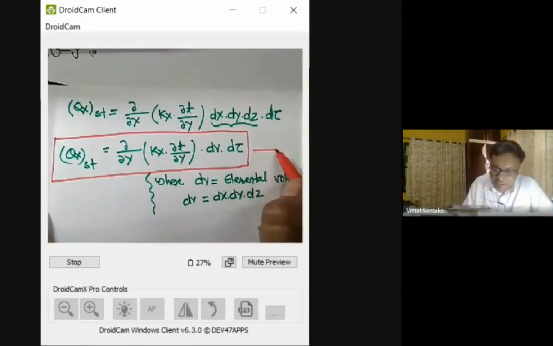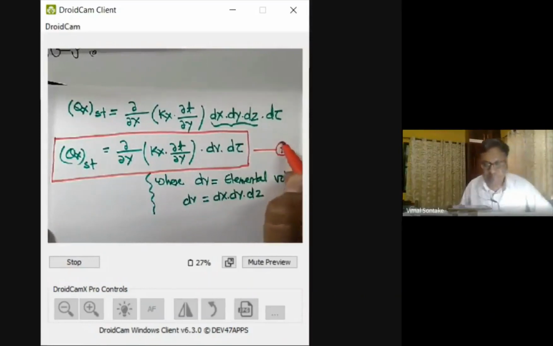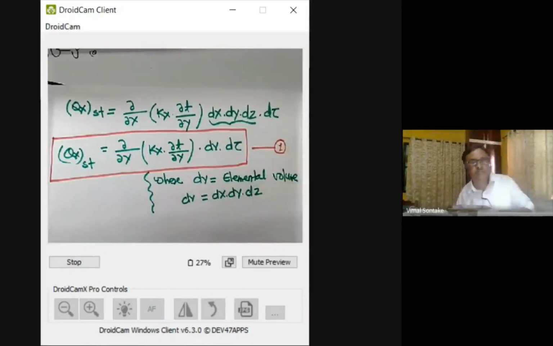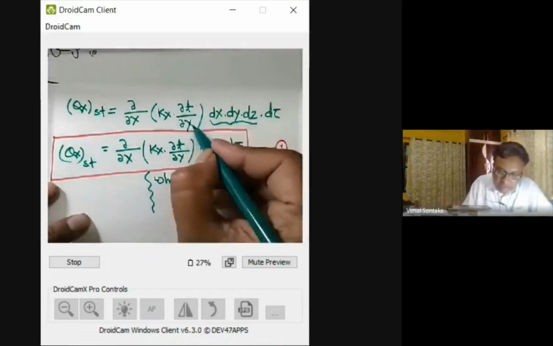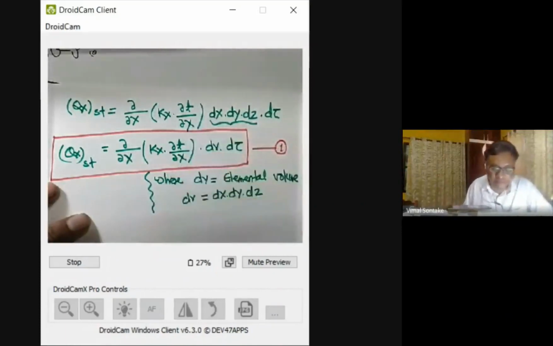Let us say this is equation number 1. Correct? This is x. Please read it correctly. This is, and this is also x. Do not get confused.